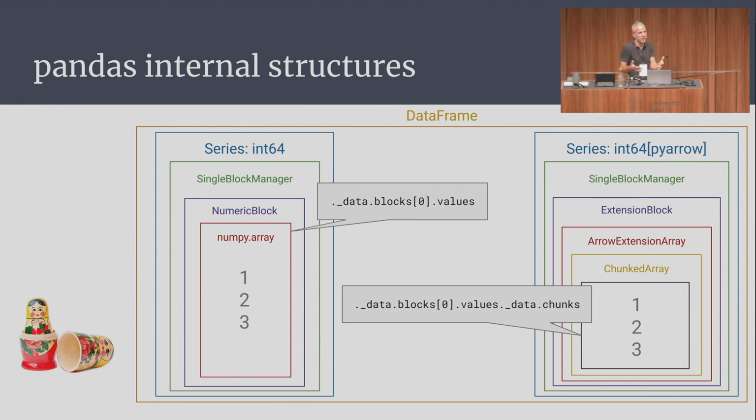We can only play with the Python objects that the library exposes. The most internal thing we can reach is a NumPy array, which is very close to the memory. And from the Arrow side, we can go to the chunked array, and from it we can take every chunk, and every chunk would be an Arrow array.